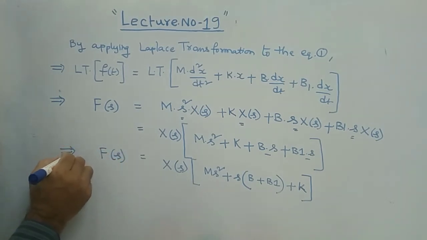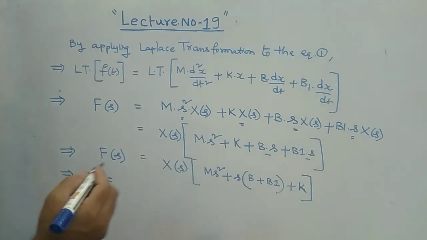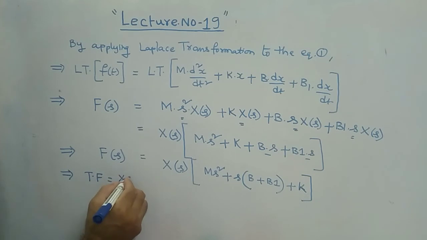And finally, what is the transfer function? I already told you, no? Transfer function is equal to output over input. The applied input is f(t), and X(s) is the output.